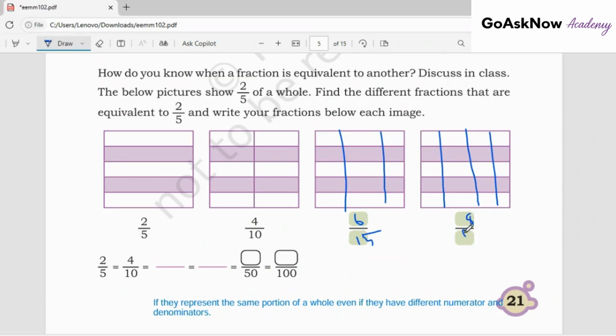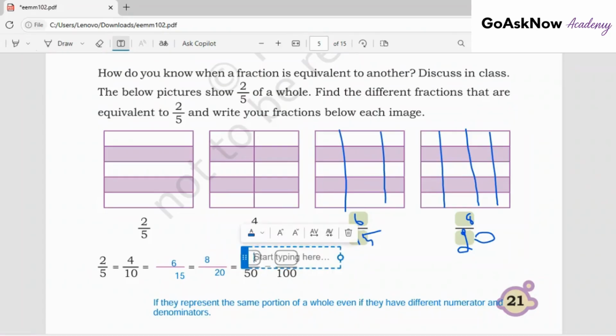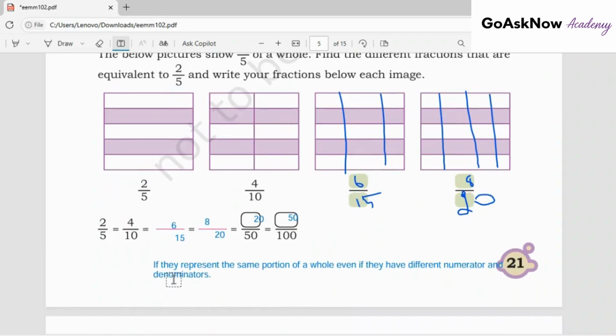Remaining, 20 boxes are there. That is here 6 by 15. Next 8 by 20. Here 20 by 50. Next 50 by 100. What does it represent? That means they represent the same portion of the whole, even if they have different numerators and denominators.